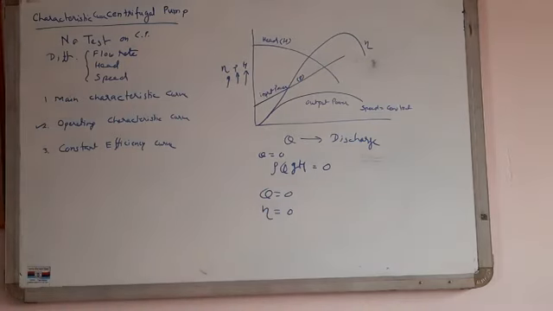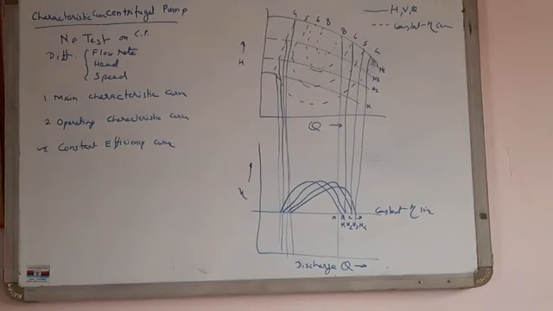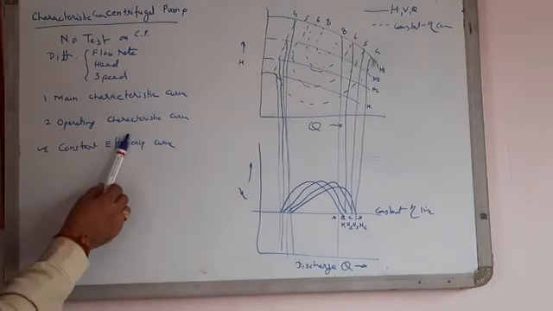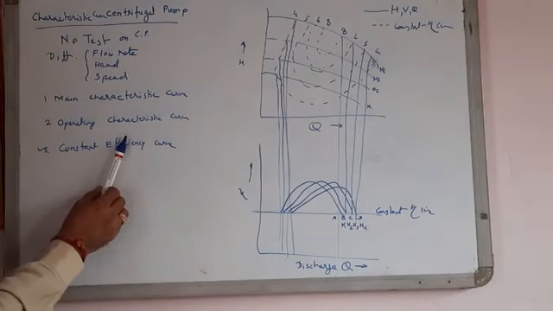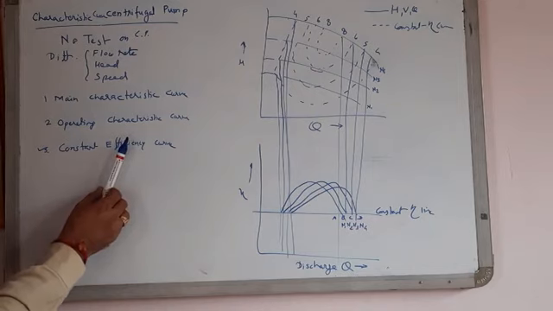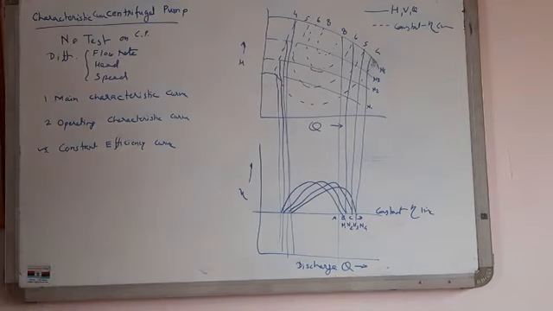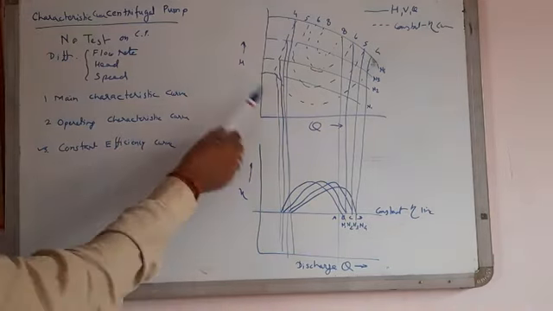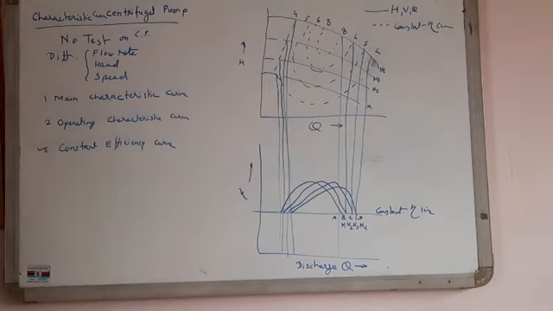Then next is the constant efficiency curve. For obtaining the constant efficiency curve of a pump, the head versus discharge curve and the efficiency versus discharge curve for different speeds are used.